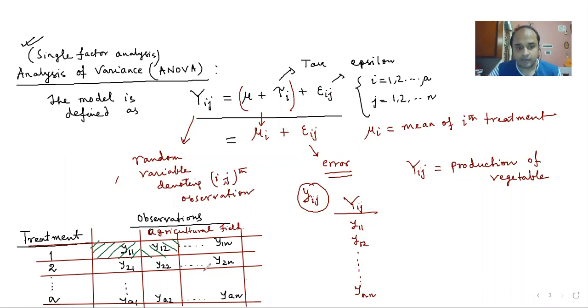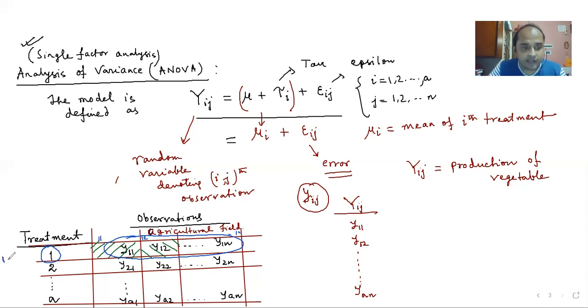So all these are productions of each individual block. Now if I consider this particular part only, let's put a different color over here. In this block of the field, which has several sub blocks, 11 is a sub block, 12 is a sub block, 1n is a sub block, all these have been considered under the same block, and there I have applied treatment 1. Treatment means some sort of fertilizers have been used.